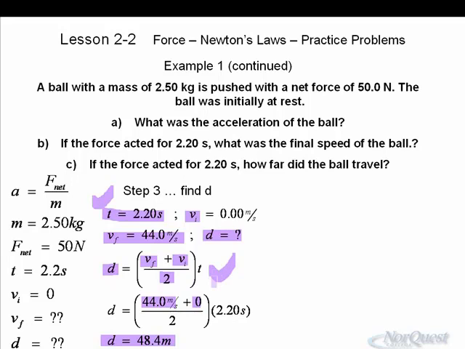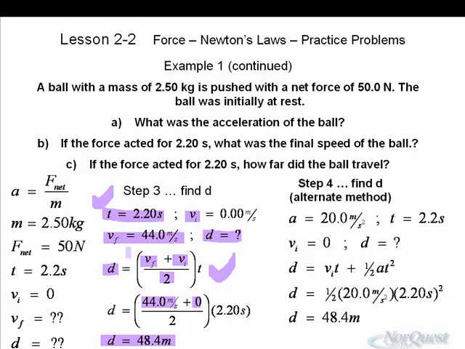Now, an alternate method would be, instead of using the final velocity, we ignore the final velocity and instead we use the acceleration that we calculated in step A. So acceleration is 20, time is 2.2, initial velocity 0. What's the displacement?